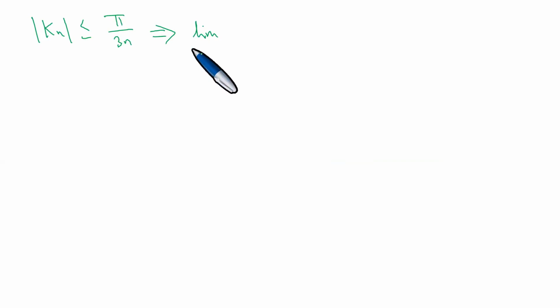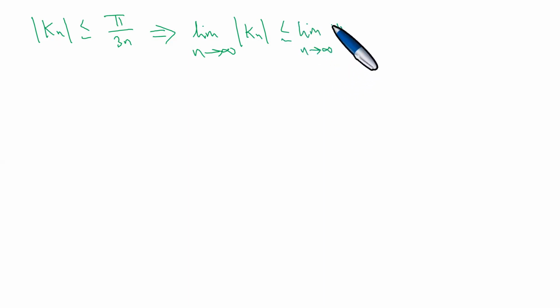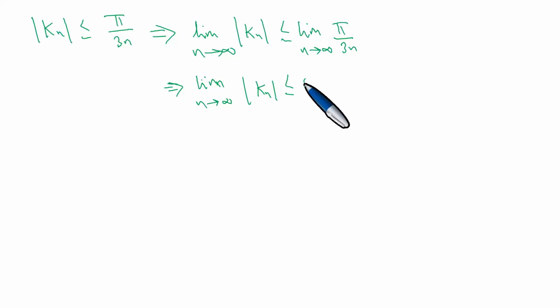You take the limit as n approaches infinity of this one, as n approaches infinity of pi over 3n. Okay. So it is the limit as n approaches infinity of this one, less than 0.